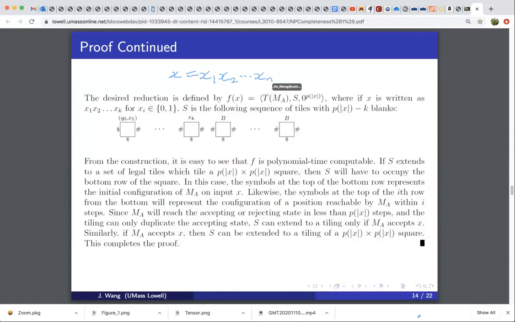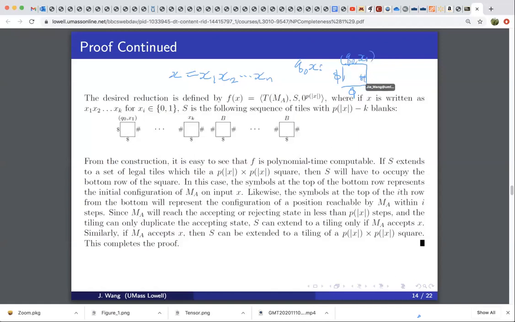Then my initial configuration will just be Q0x. So that will be like this. I want the first one on the lower left corner. So that's Q0x1.